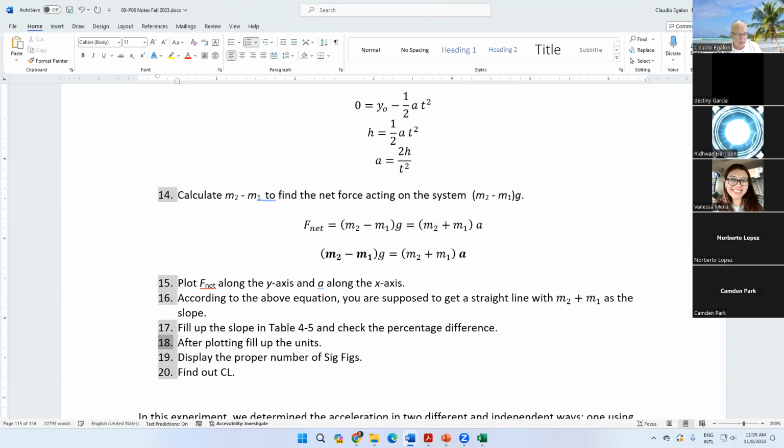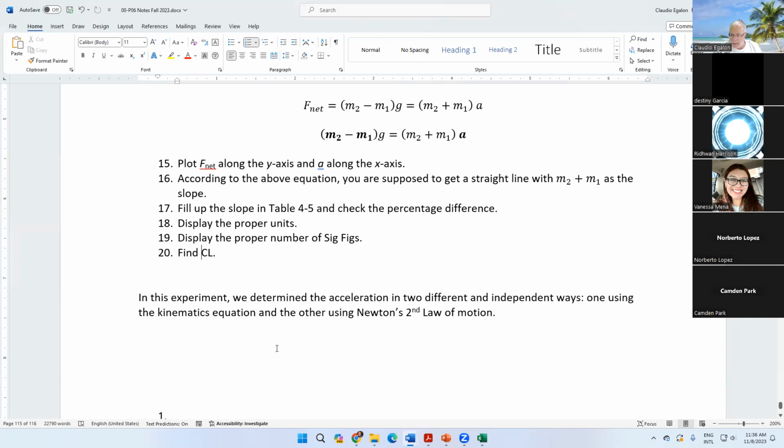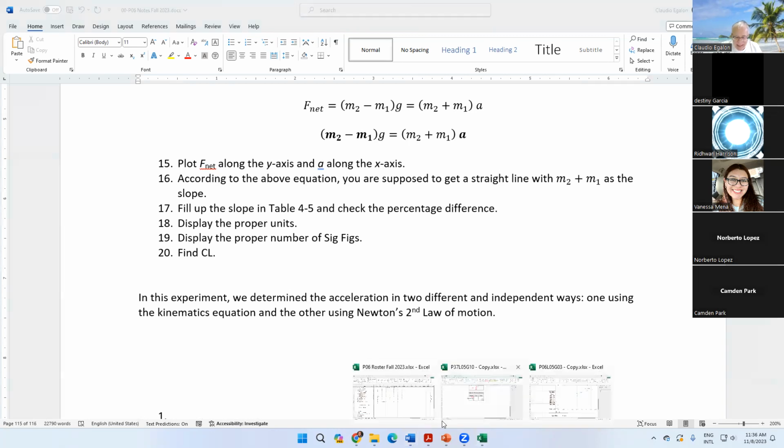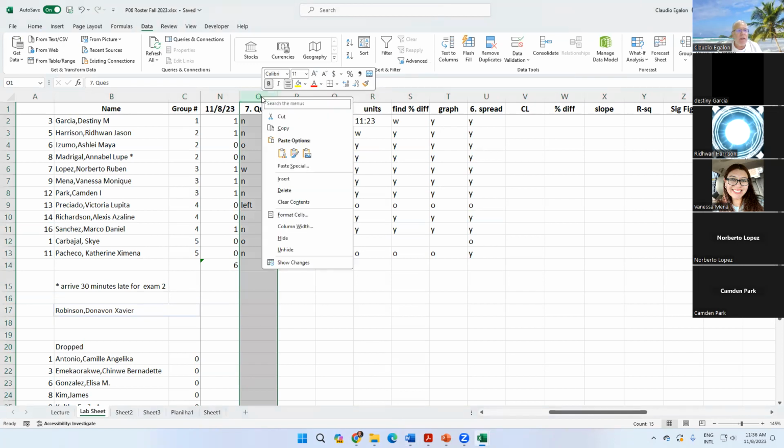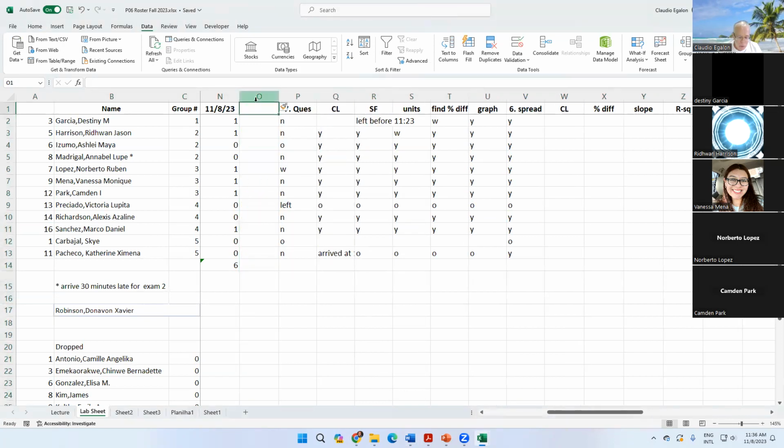After plotting, display the proper units. Display the proper number of significant figures. Find CL. That's what you have to do. It's 11:36 right now. Can you do that in the next 20 minutes? I'll give you a little bit of time before I call you.